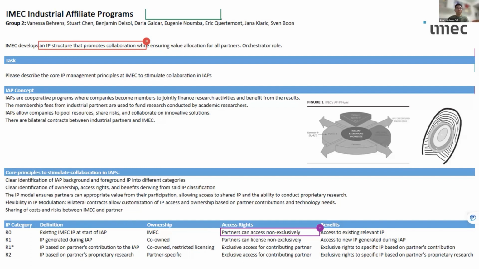So if one partner has the contribution to part A, he owns part A, that's the point. So we basically went through the core principles and we investigated how these different categories can benefit the collaborations in IAPs.